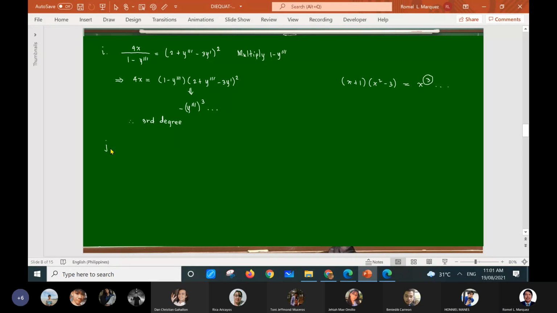Sine y prime is equal to y double prime plus x. Okay? Now, what can we say about y prime here? Is the left side polynomial in y prime?